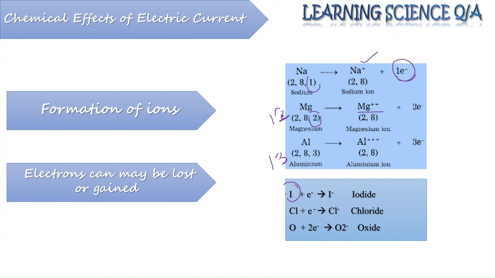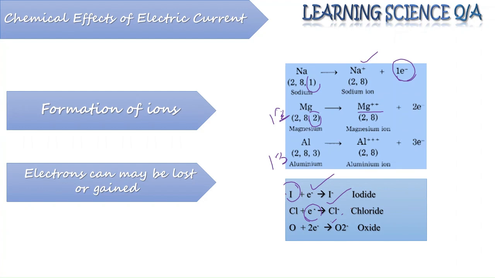That means the complete configuration can be achieved if this one electron is gained from some metal or some element. So iodine, upon getting one electron, gets converted into iodide ion. Similarly, chlorine, upon getting one electron, can become chloride ion.